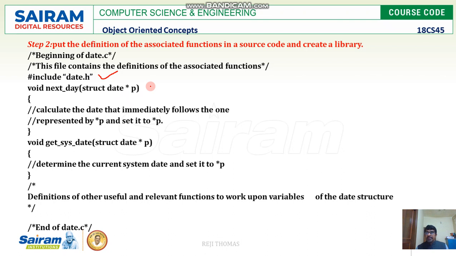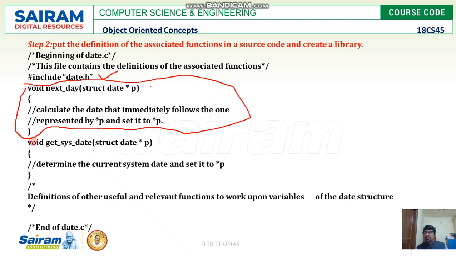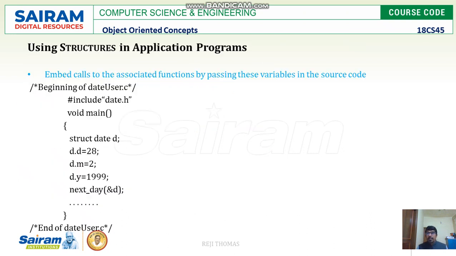Next you have to write the function definitions. This is going to be the definition for the first one, and this is going to be the definition for the second one. You have to save this as your file name .c or .cpp. The first one was your header file, and this is going to be your library file.